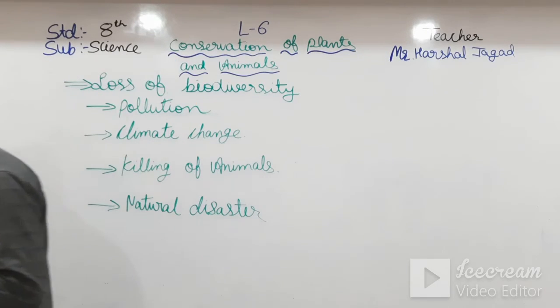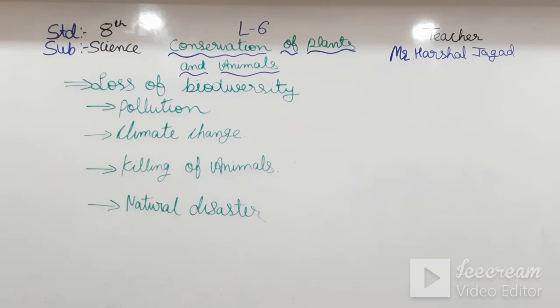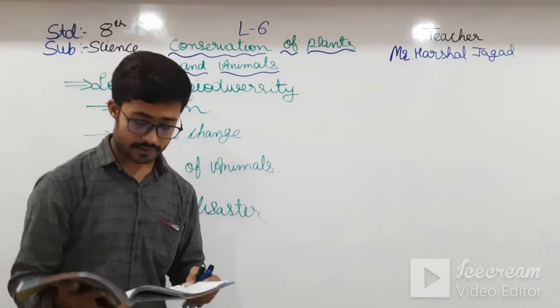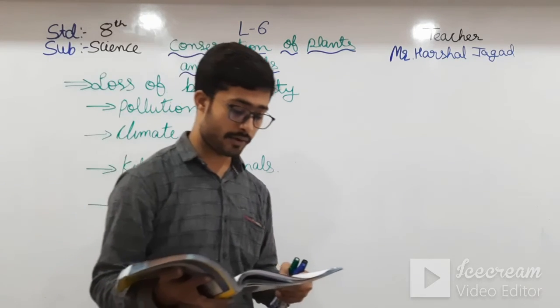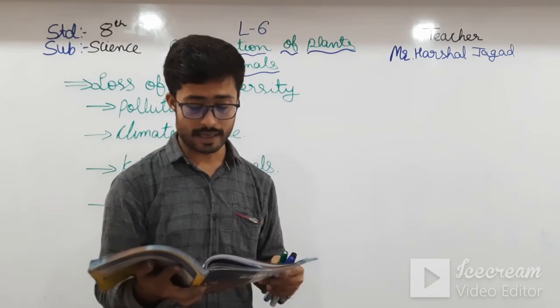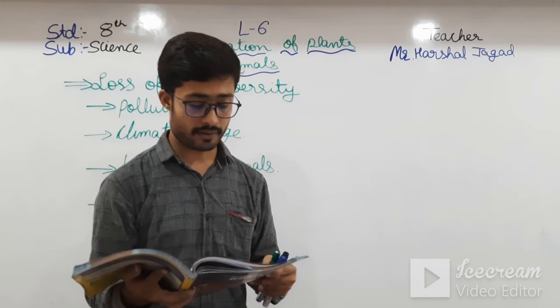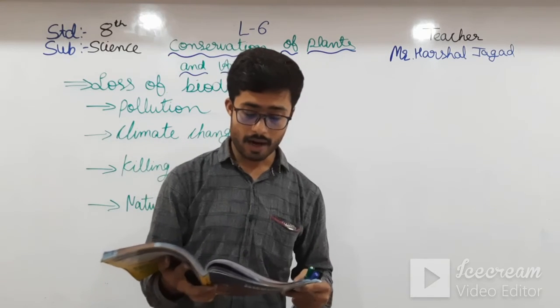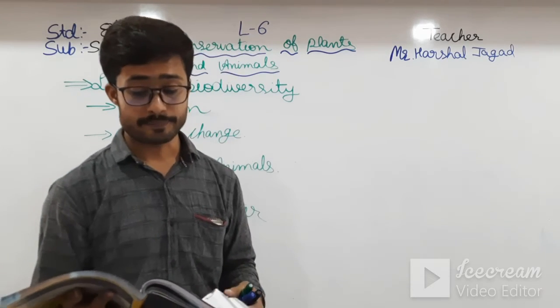How? Let us see that. Several natural disasters like earthquake, floods, drought, cyclone, tsunami and hurricane also harm plant and animal species. This is leading to their diminishing numbers, thereby causing loss of biodiversity of that region.